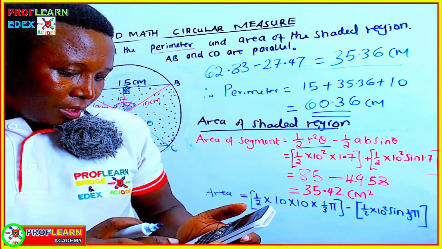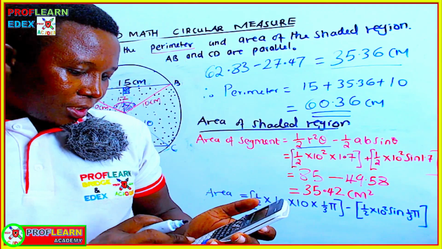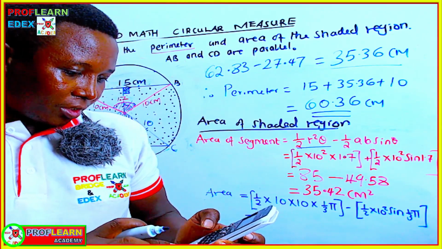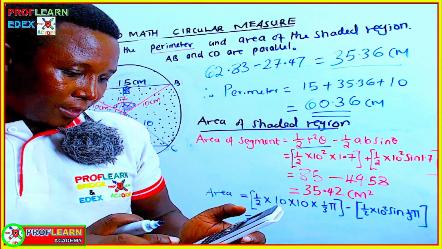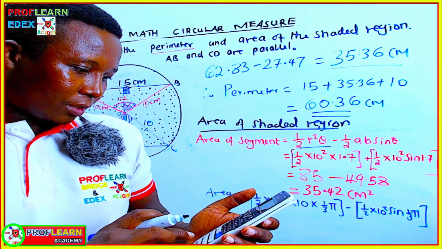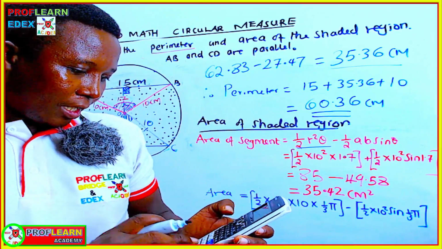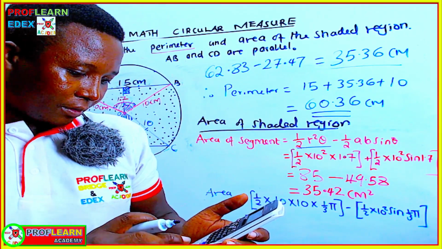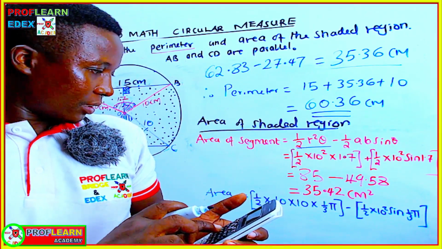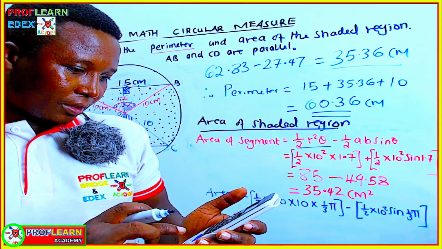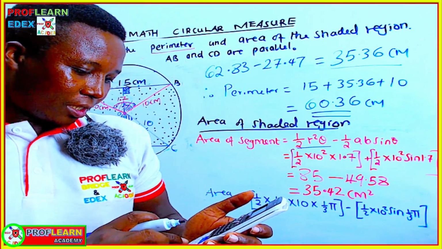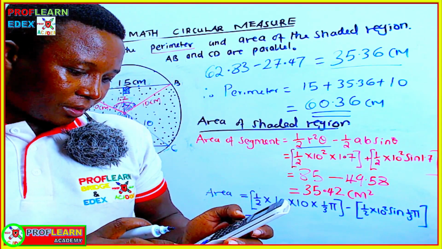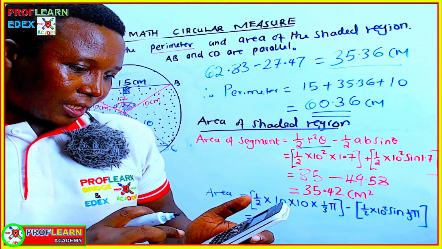So I put it in the calculator so that I can get the answer directly. This is 10 times 10 times 1 over 3 pi, then subtract a half times 10 squared times sine of 1 over 3 pi.